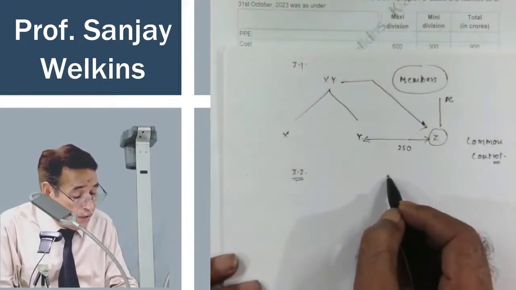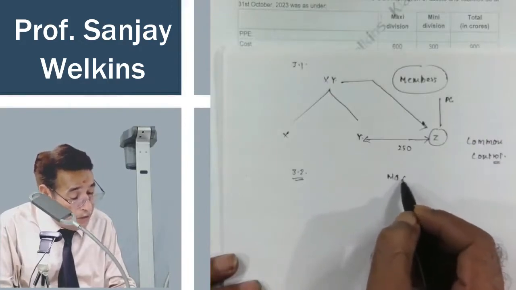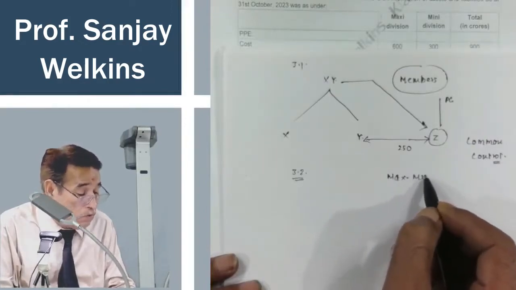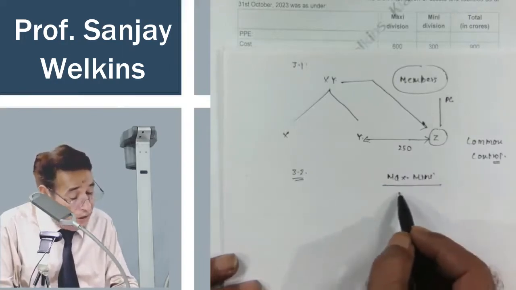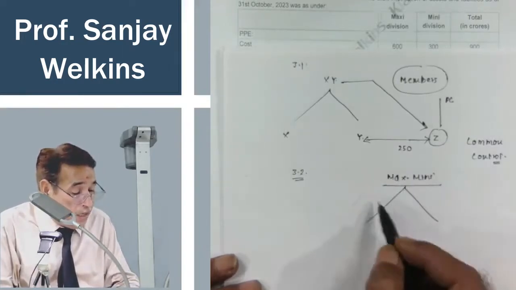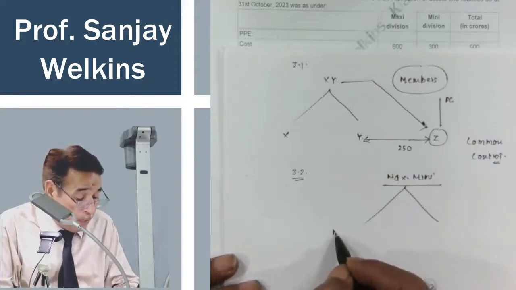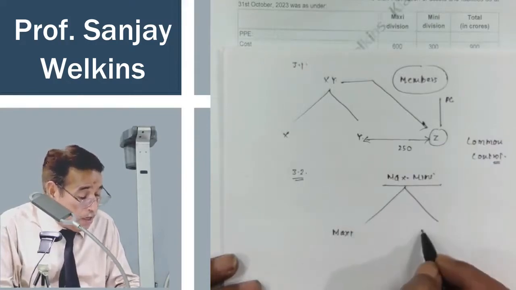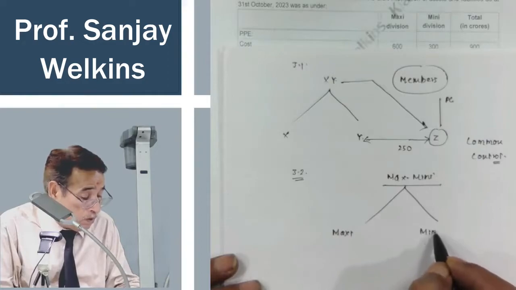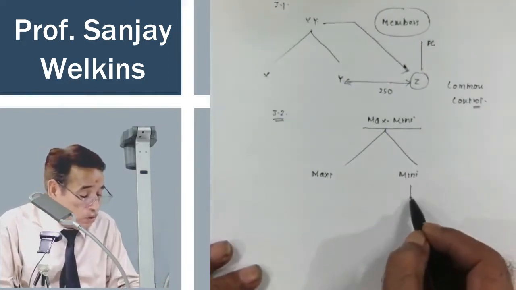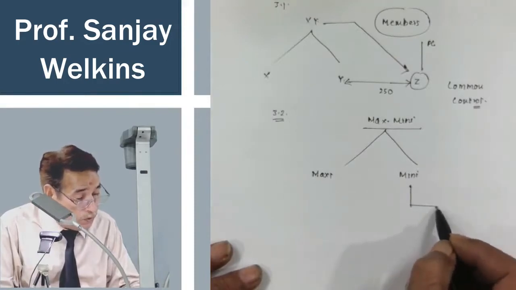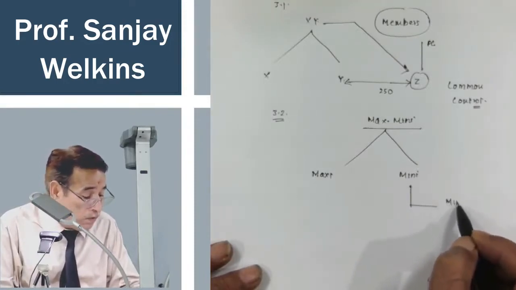Now here, the name of the company is Maxi Mini Limited. The name itself is quite confusing. This entity is having two divisions, Maxi Division and Mini Division. Now the question states that this division has been sold to Mini Limited.